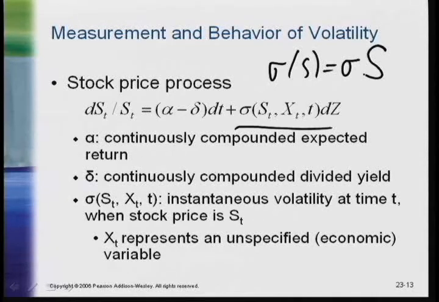It's not terribly important for the purposes of this module, but one might imagine that you have a stock price process where sigma is not a constant times the stock price, but in fact sigma might depend on stock price, it might also depend on time, or it might depend on some econometric variable X: inflation, GDP growth, what have you.